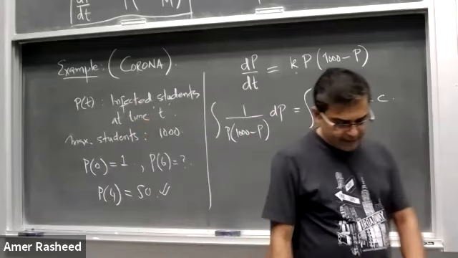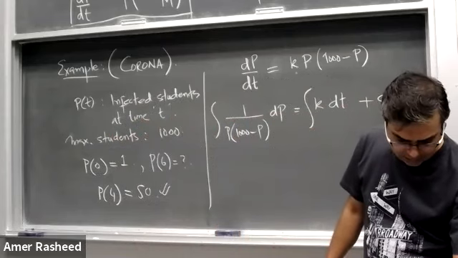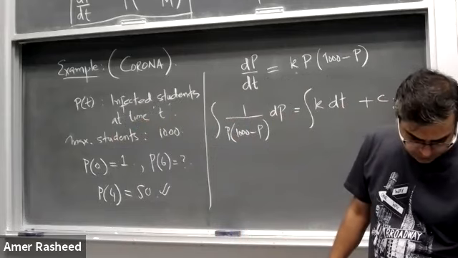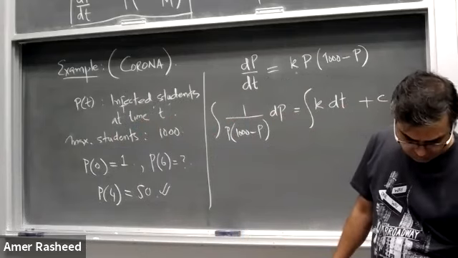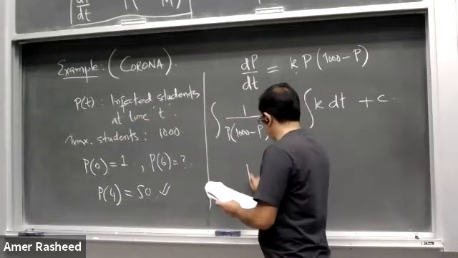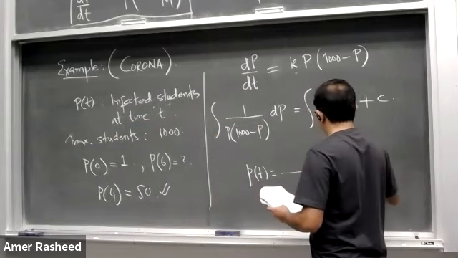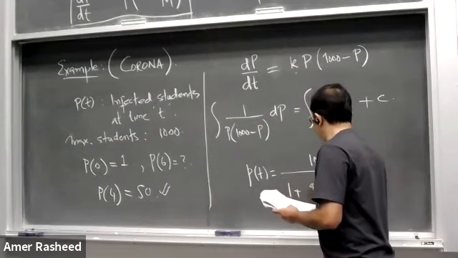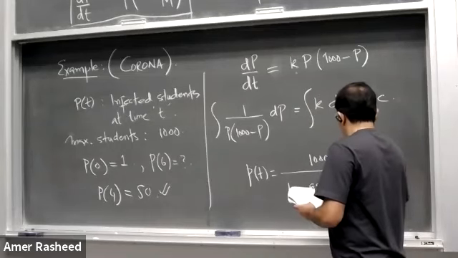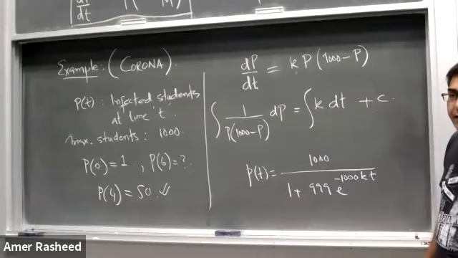After solving it, you will get the solution of the form P of T is equal to 1000 divided by 1 plus 999 e raised power negative 1000 KT. Okay, this is what you have obtained.